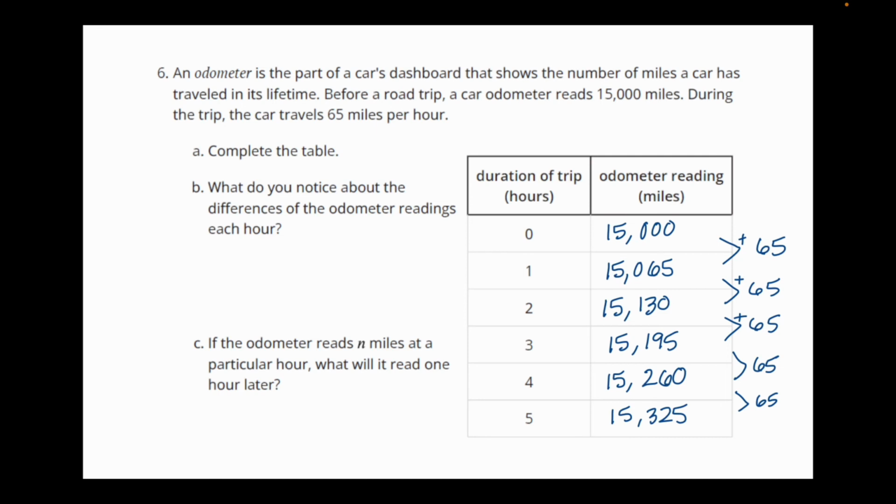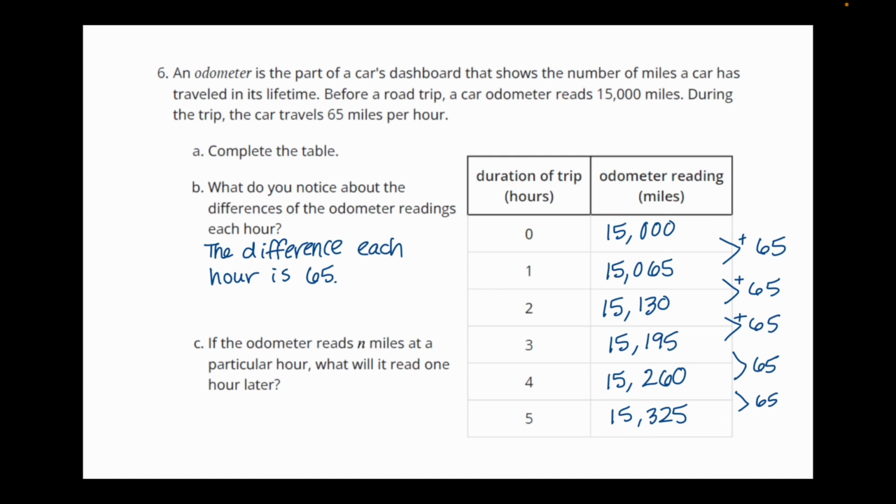So we can say the difference each hour is 65. That's what we notice, just that it is that much no matter what hour we're looking at. With the one previous, it's always going to be 65.